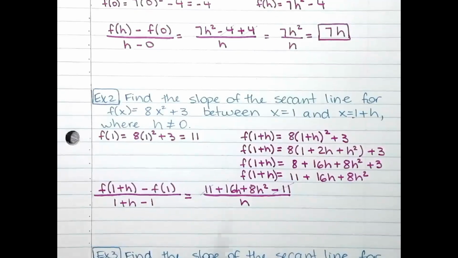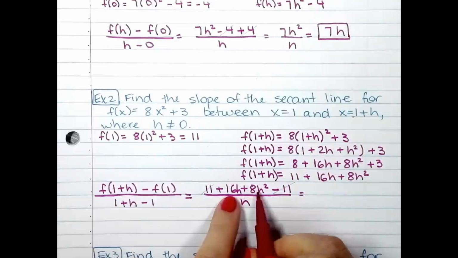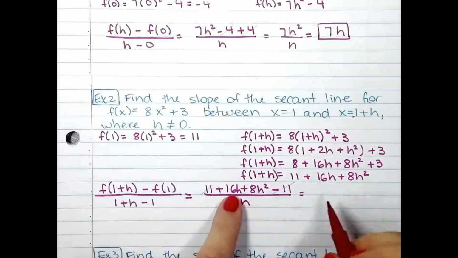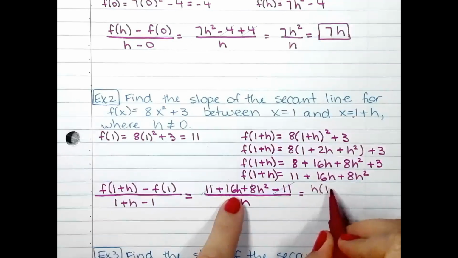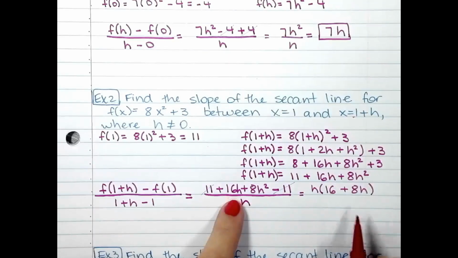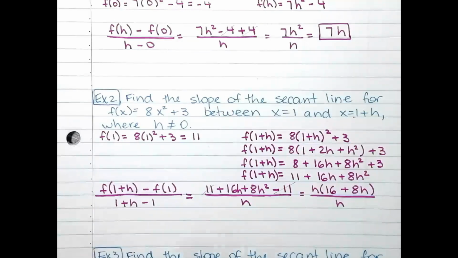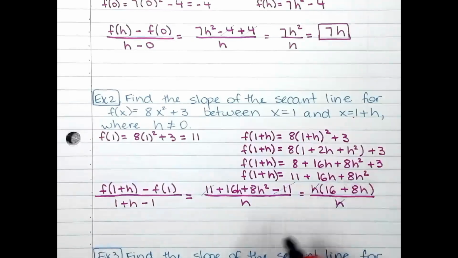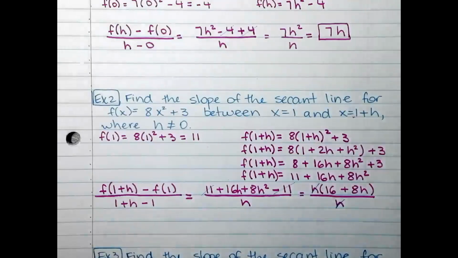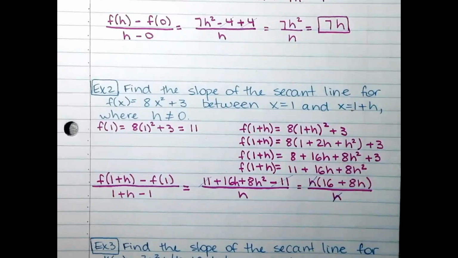Okay, it's looking good. I will go ahead and factor the h out. Now at this point, I can go ahead and simplify. h divided by h is 1. And this will be my final answer.